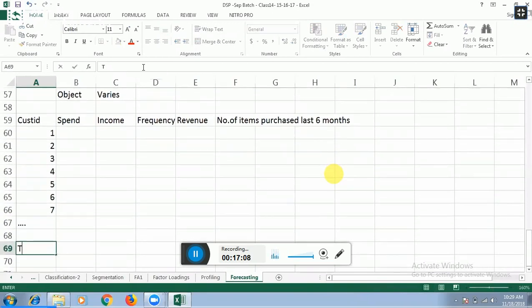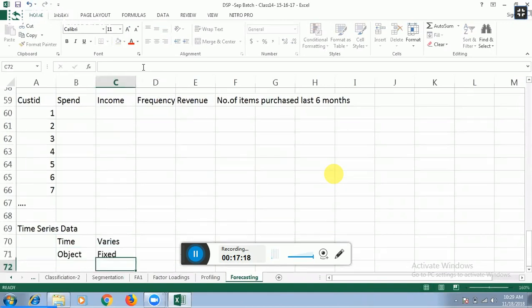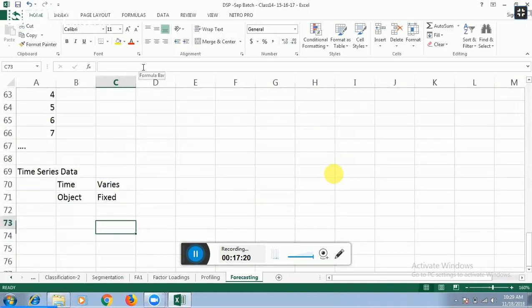Now let's understand time series data. In time series data, time varies and the object is fixed. What do I mean by that? Say I want to estimate the demand for a particular product and forecast it. For example, cars.